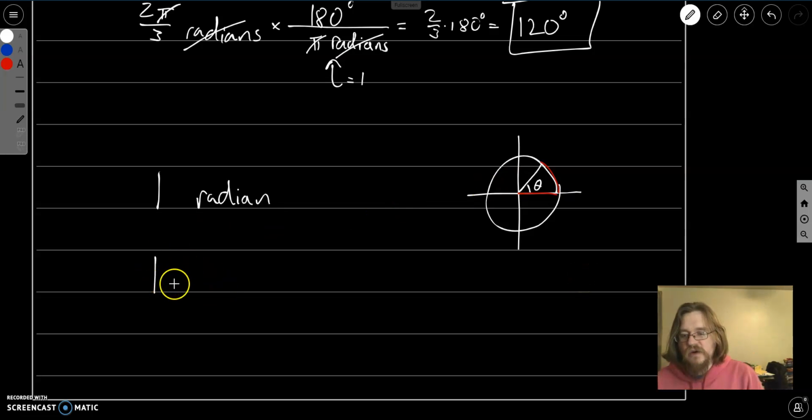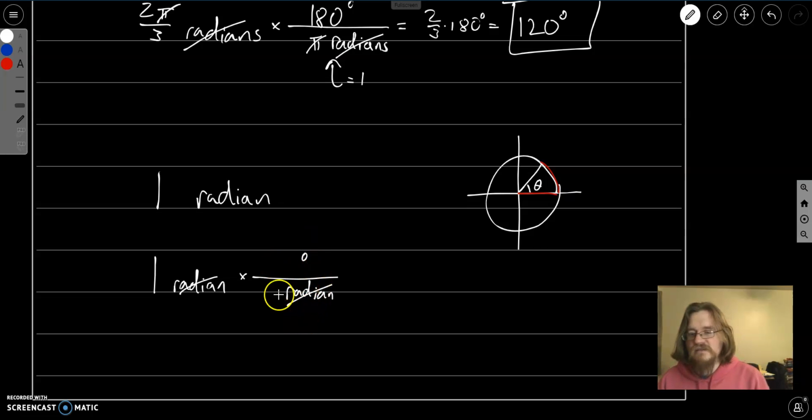Well, I can take 1 radian and multiply by, again, I want the radians to cancel, so I'll put radians on the bottom and degrees on top. But in order for this to be exactly equal to 1, I need the same thing on top and bottom. Well, 180 degrees is the same thing as pi radians. And if I multiply 1 by this, 180 divided by pi is exactly this angle.